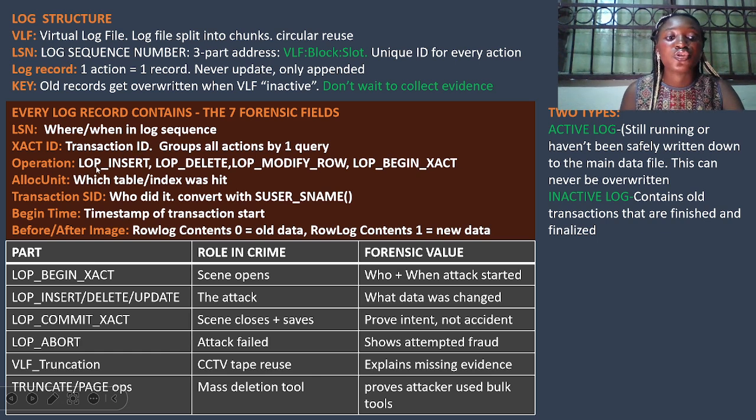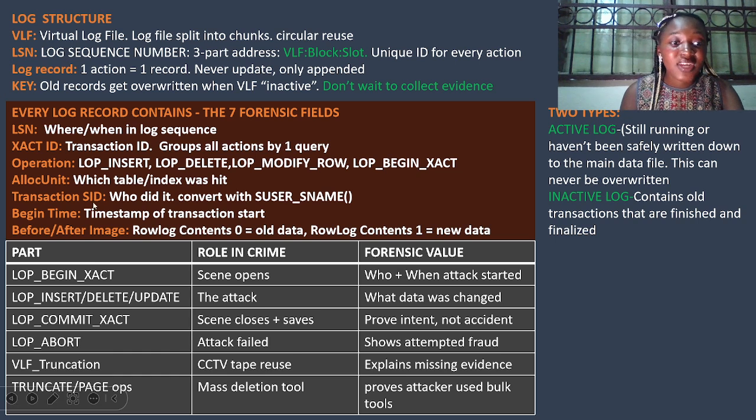Now the operation is just showing you the different operations that were taken, like insert, delete, modify row, or delete at anyone. Allocation unit is simply going to show you what segment of the database was targeted, what segment of the table was targeted. Was it a table or was it the index? What segment of the table, which segment of the index was targeted? That's all.